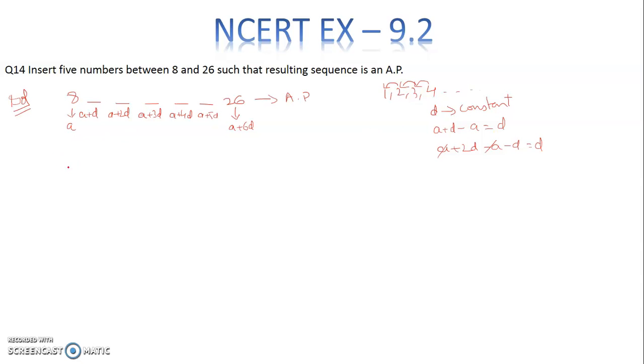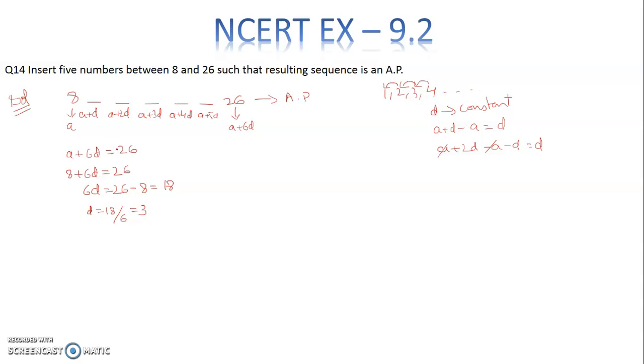Now it is clearly given, A plus 6D is equal to 26, and what is the value of A? 8. So I can write here 8 plus 6D is equal to 26. 6D is equal to 26 minus 8, which is 18. So what is the value of D? D is equal to 18 divided by 6, which is equal to 3.